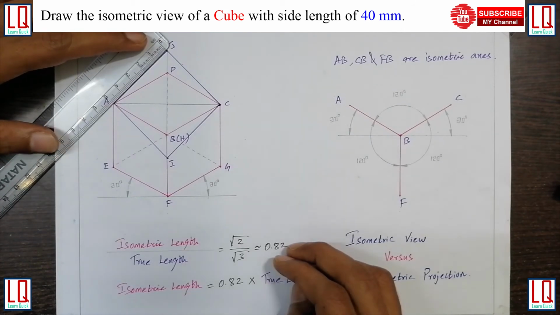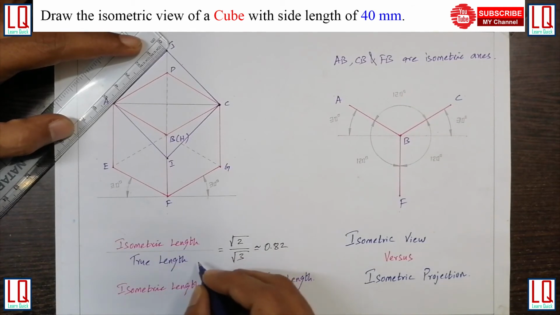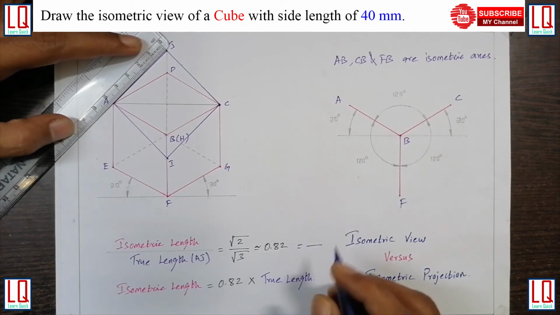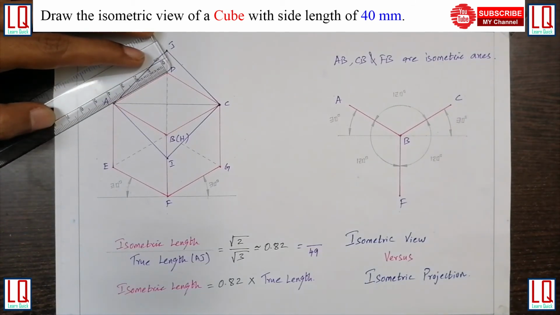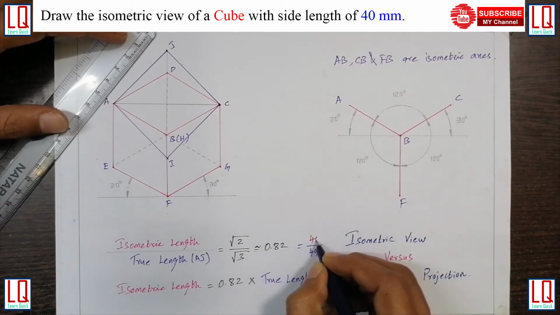Just to cross check, I measure AJ and I got 49 mm, whereas the length of AD is 40.